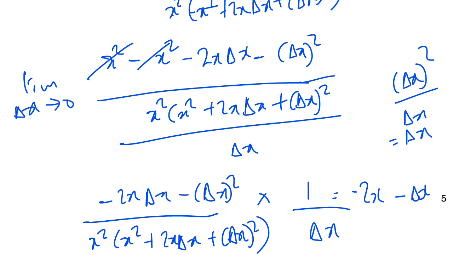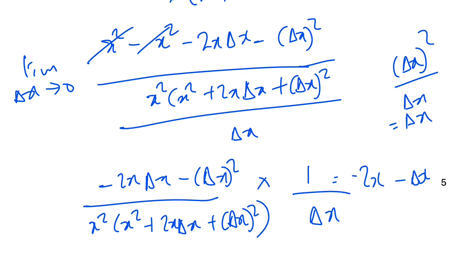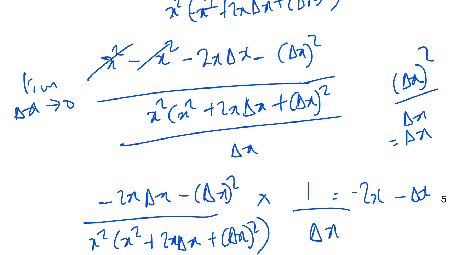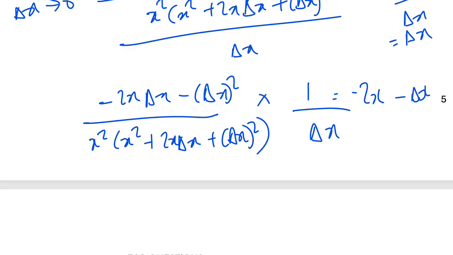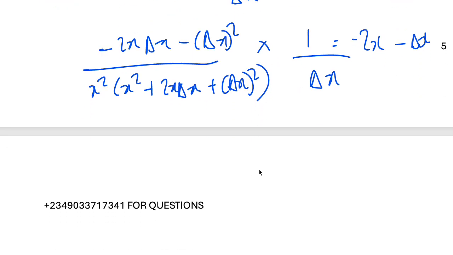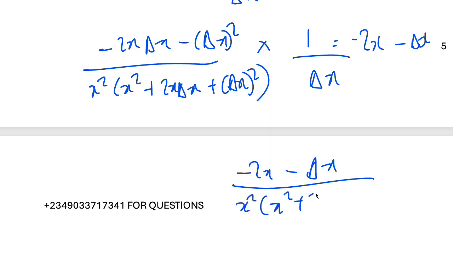So finally, we can then simplify the expression as negative 2x minus change in x over x squared into x squared plus 2x change in x plus change in x all squared, right?